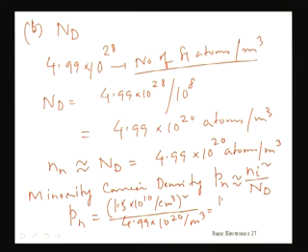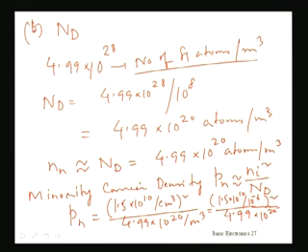So, 10 to the power minus 2, we will have to multiply to get it into meter. So, it will be 1.5 into 10 to the power 10 multiplied by 10 to the power minus 2 into 3, that becomes 10 to the power minus 6, then it will be coming per meter cube. Of course, there is a square, and in the denominator it is 4.99 into 10 to the power 20. So, all are now per meter cube, here also in the denominator.